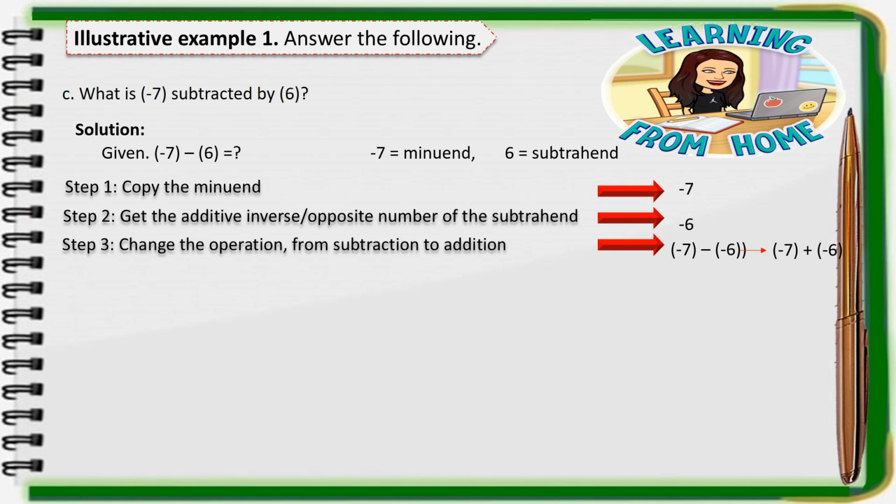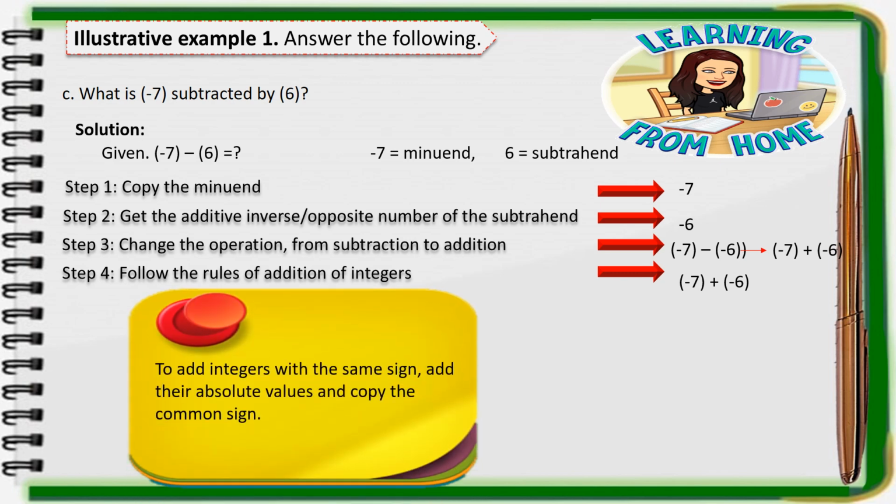At let us follow the rules of addition of integers. Notice that 7 and 6 are both negative. So, i-recall natin ang addition of integers with the same sign. Okay, una, kunin lang ang absolute values ng ating given. So, absolute value of negative 7 and absolute value of negative 6.